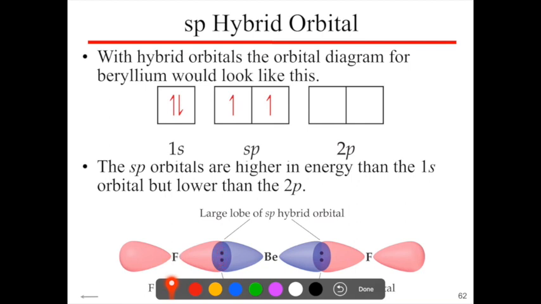And so between the fluoride and the beryllium, I will have a bonding pair. We will write that just like this. Those single bonds, where the electrons are shared between the two atoms, that sigma bond is represented by the one line bond.